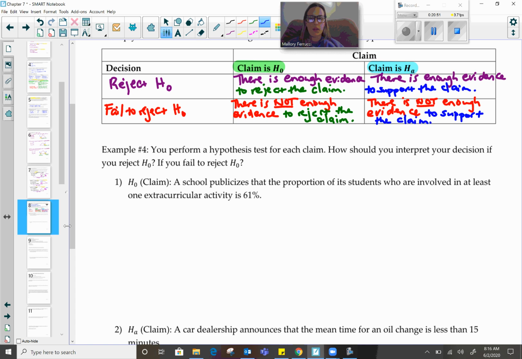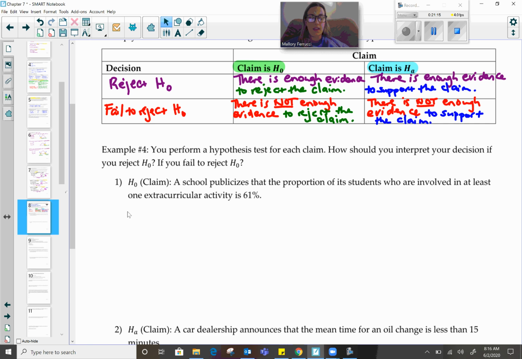So for example, number 4, you perform a hypothesis test for each claim. How should you interpret your decision if you reject the null hypothesis, if you fail to reject the null hypothesis? So, I'm actually going to type here just because my wrist is kind of hurting a little bit.